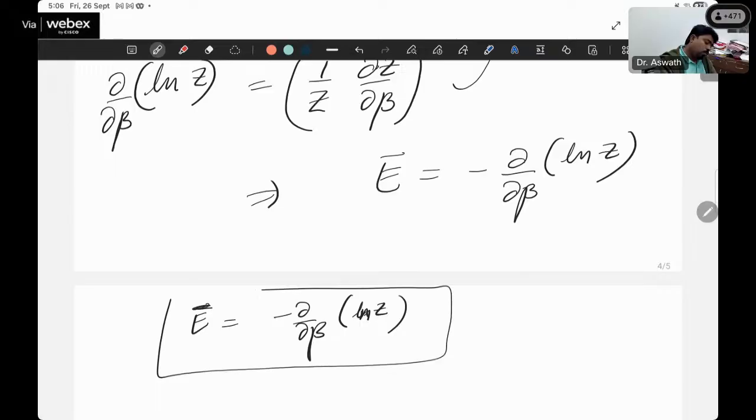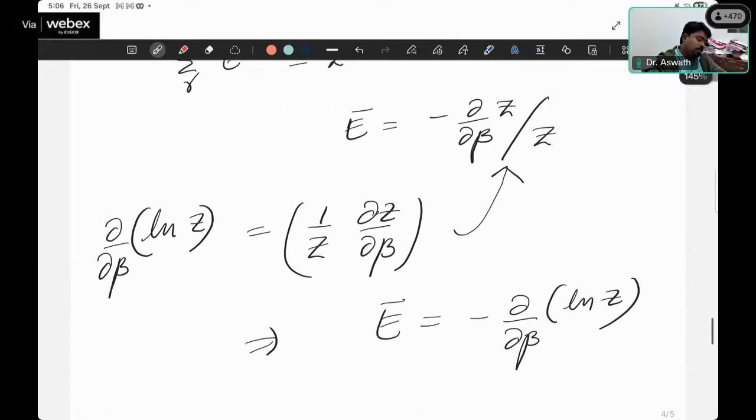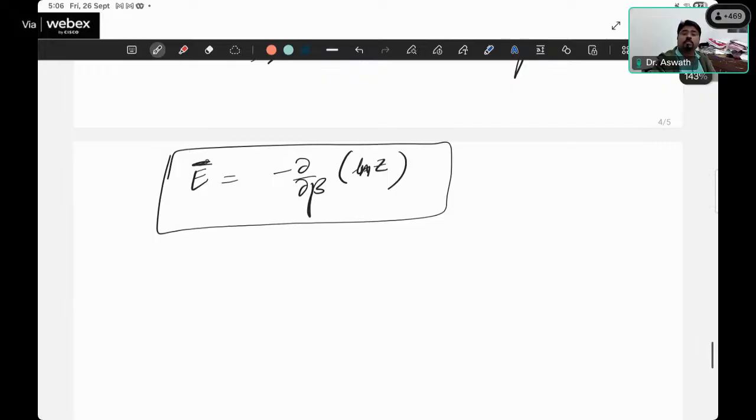Now you just keep the average energy in terms of the derivative of log of z. If I know that, I can find the average energy. Then let's say there is a deviation from the energy when I'm calculating the energy of the system. For example, say I'm measuring the heights of each person. From each person's measurement, there is a variation from the average. The deviation is the measured value from the mean.